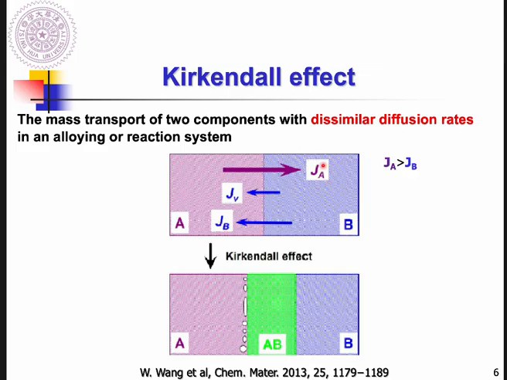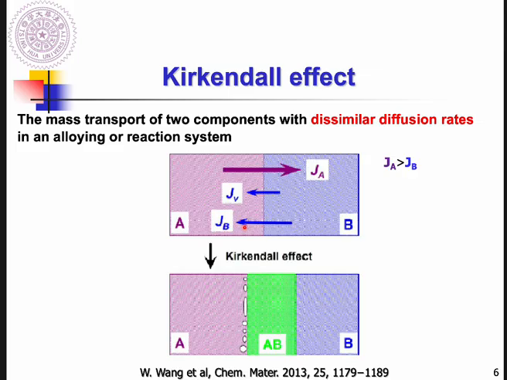More A atoms move to the right-hand side into B material compared to the B atoms moving into A material. So we have JA larger than JB. If you look at this interface or this plane, we find that JA is larger than JB.